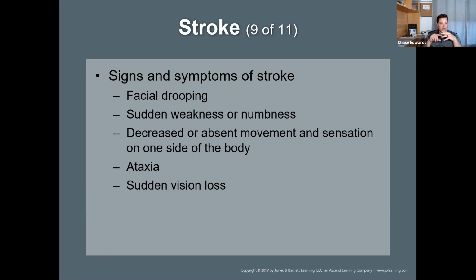You got a decreased level of responsiveness. You got aphasia. You got slurred speech. You got sudden and severe headache. You got confusion. You got dizziness. You got weakness. You got combativeness, restlessness, tongue deviation, and also one of the worst ones you'll have, other than death, will be coma.